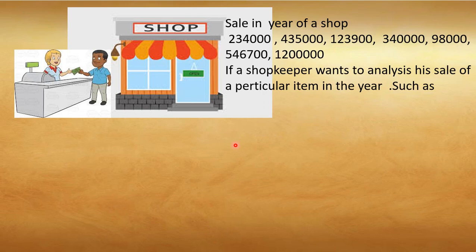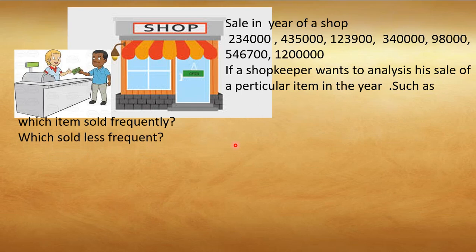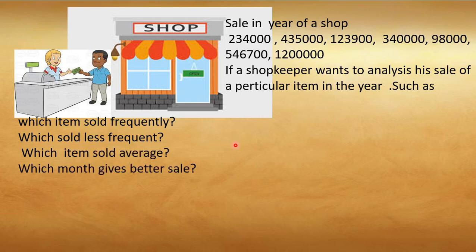How can he do it? It can be how frequently each item sold, which sold very less frequently, which item sold average, or which month gives better sale.